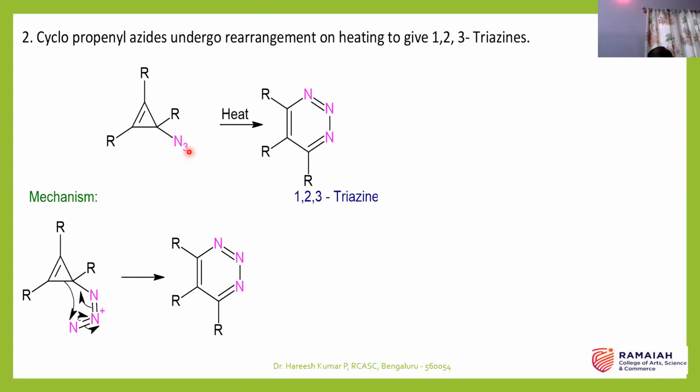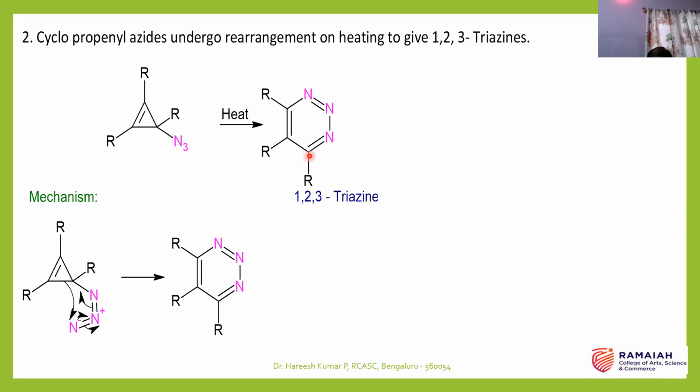If we expand this, it will come like this: N double bond N plus double bond N minus. This is the expanded version. Okay, and what will happen? This cyclopropyl azide on heating rearranges, giving rise to 1, 2, 3 triazines.